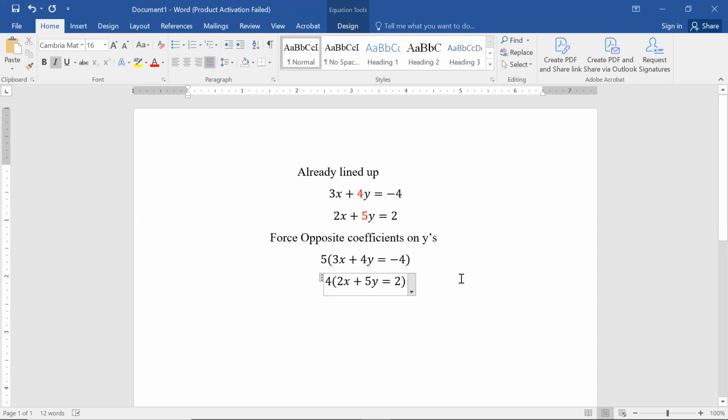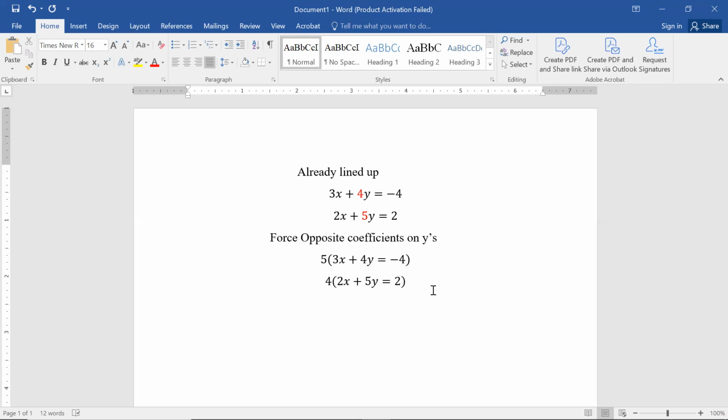Now, what I'm getting ready to do is multiply both sides of an equation by a number. We know that's not going to change the solutions to the equations when I multiply both sides by a number. So that'll keep the solutions the same, now just with different coefficients.